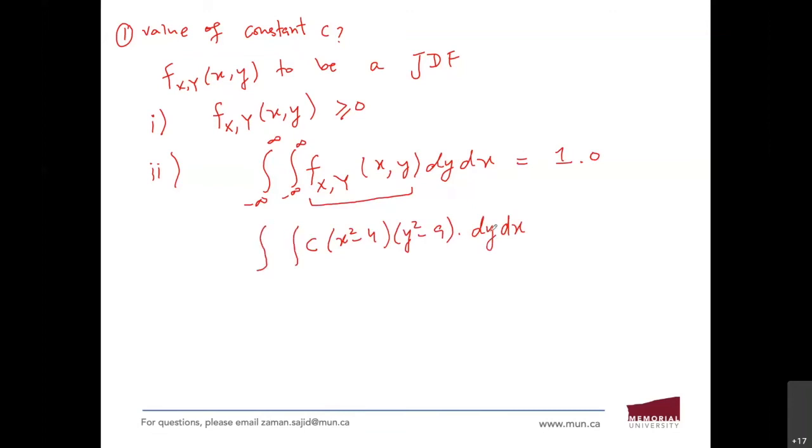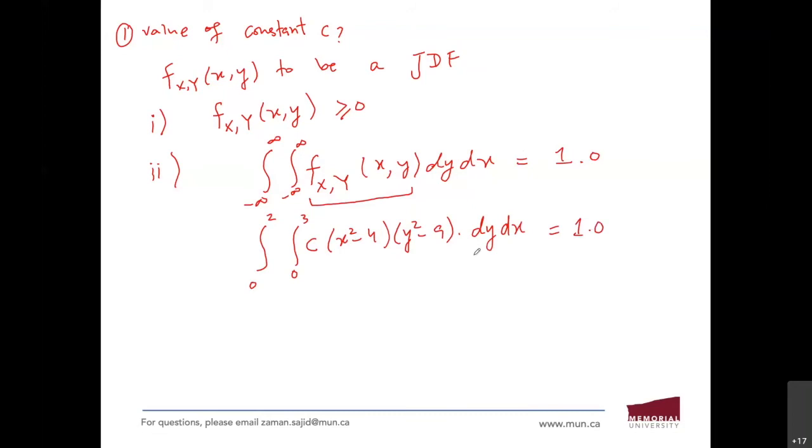Because my inner integral is with respect to y, the limits of y should come here, which range from 0 to 3, and the x limit is outer, so the limit should come here for x, which is from 0 to 2. This should equal 1.